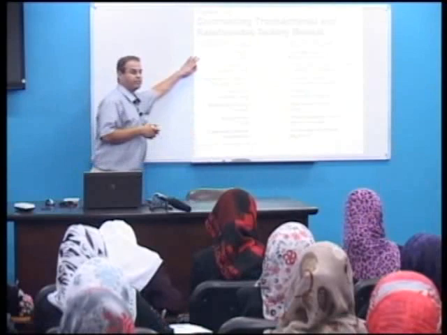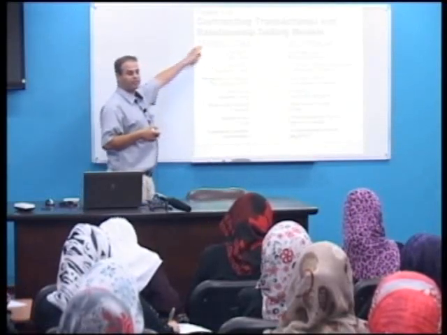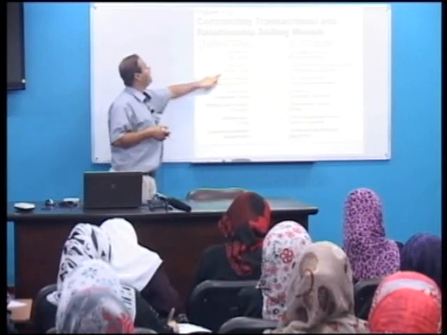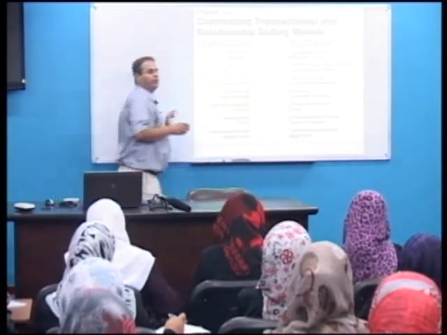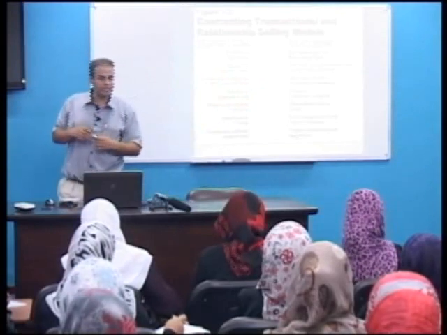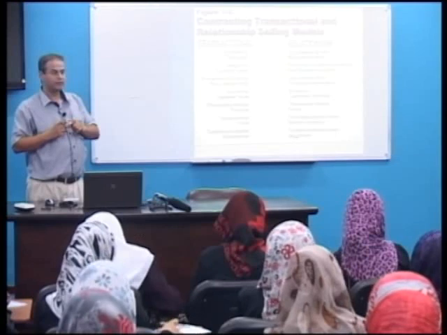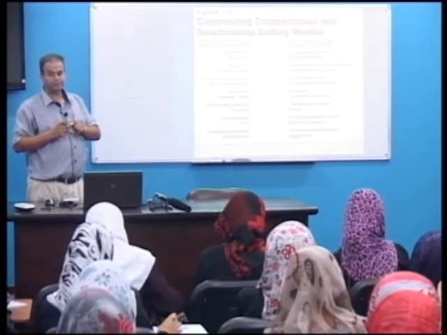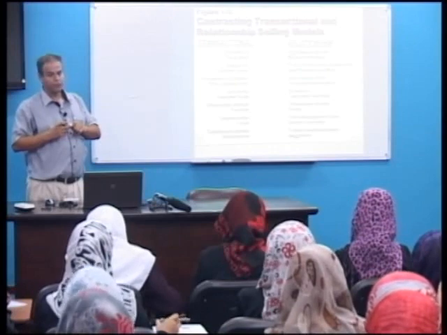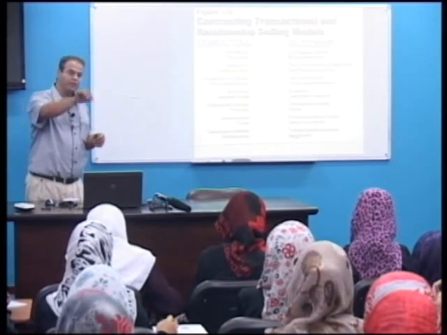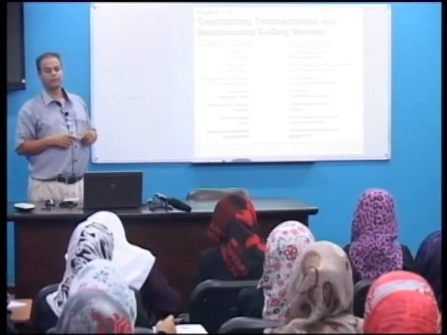The second difference between the 2 models is the following. Under the transactional traditional model, they are responding to the customer needs. When we say they are responding to the customer needs, it means identifying their needs. What the customer is going to need, they make sure that it is available on the shelves.